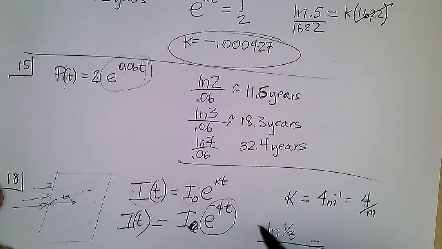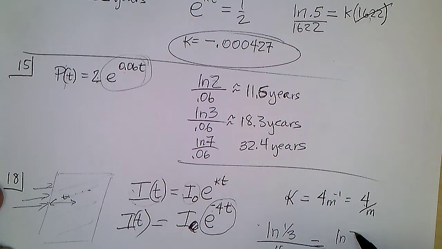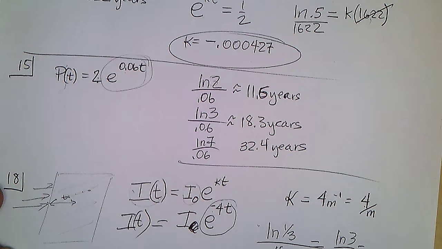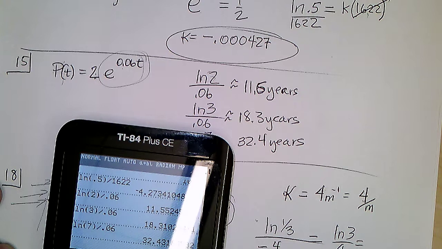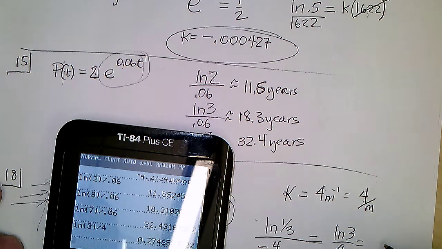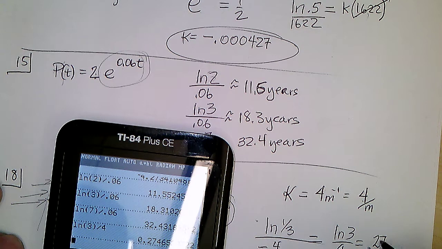The minus would go up here and change that to ln 3 divided by 4, but we can type it in either way. I'm just making it easier to type in. ln 3 divided by 4, and we get, it would have to be 0.274 meters thick.